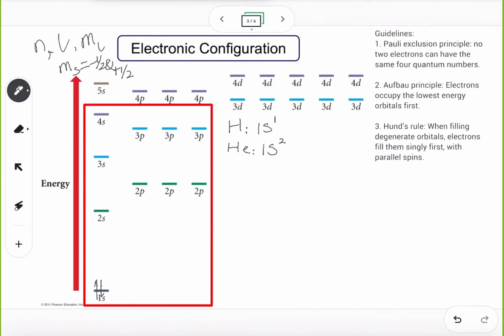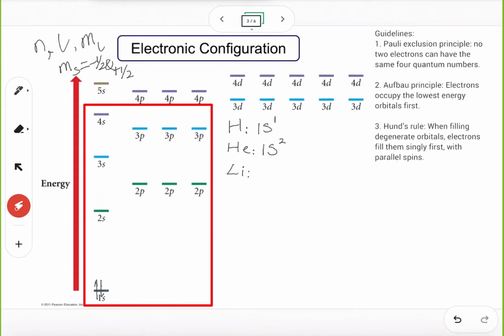Now the next one is going to be lithium. Lithium has 3 electrons. We already have 2 electrons on the 1s orbital. As you can see from the whole diagram, the empty atomic orbital with the lowest energy is the 2s orbital.